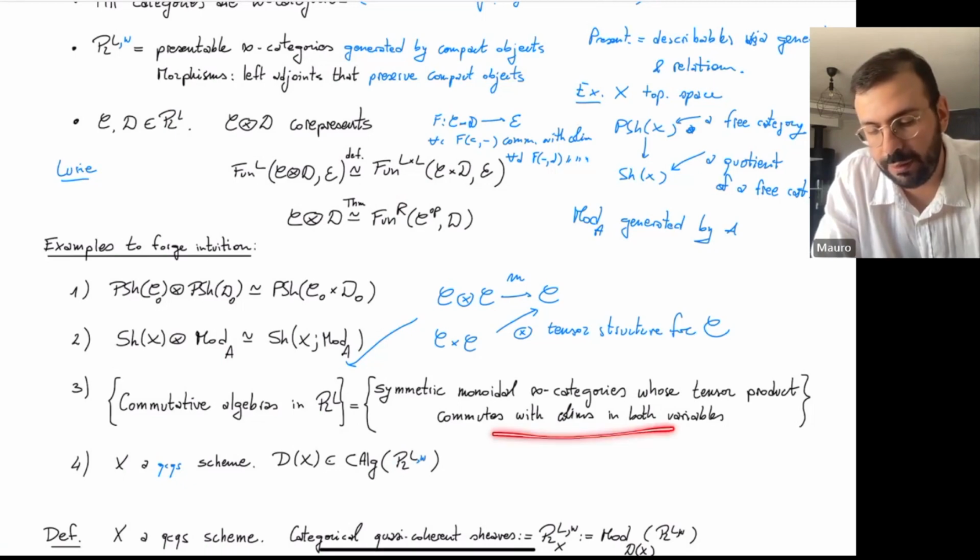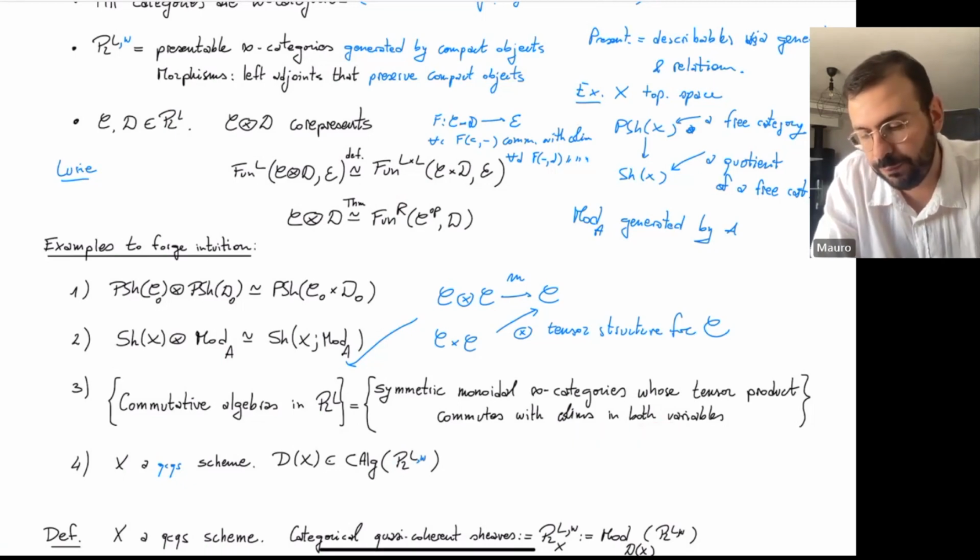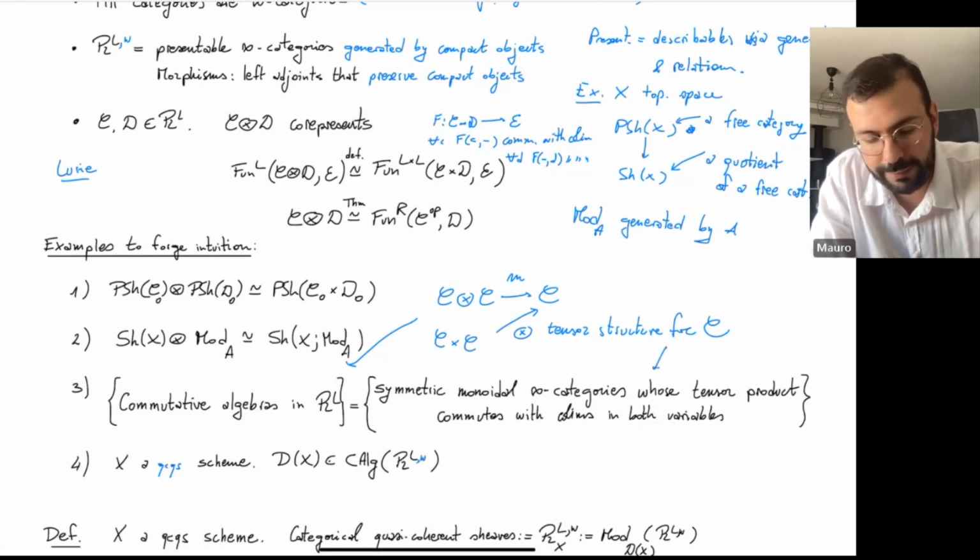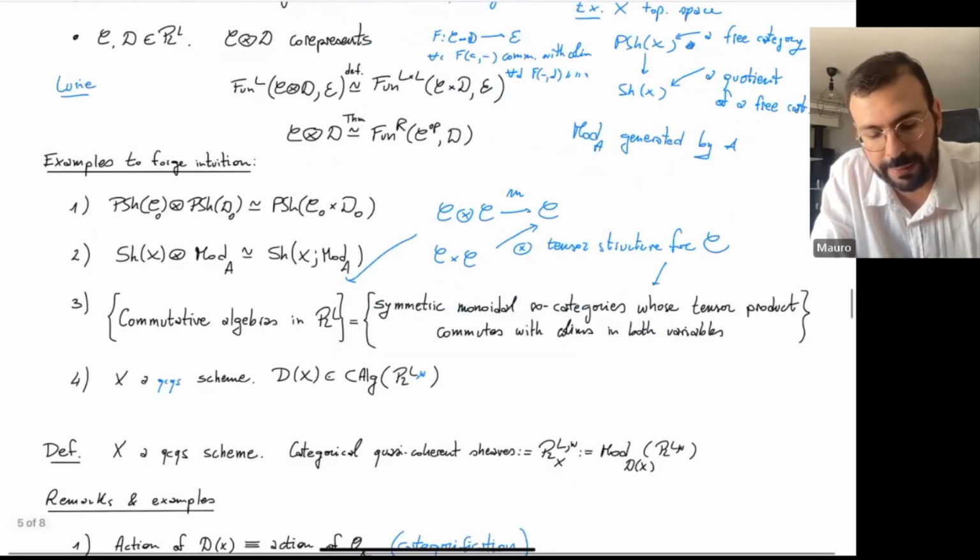So the thing that I wrote here. Let's see one basic example before that. We look at mod A. So this is a category.